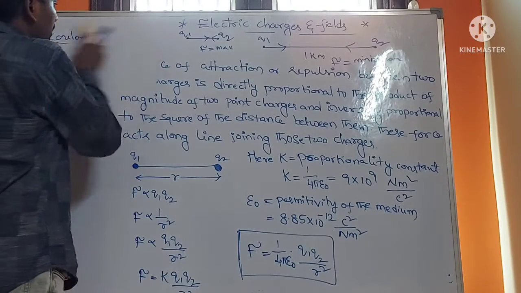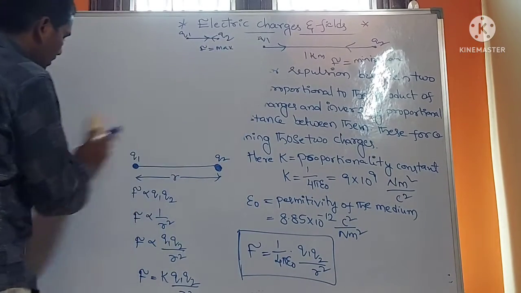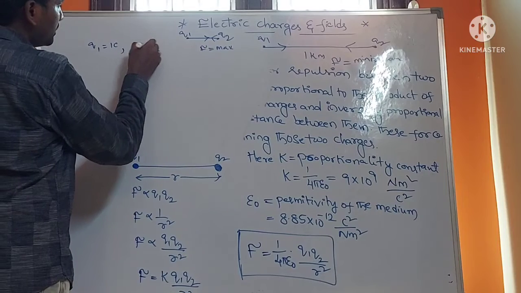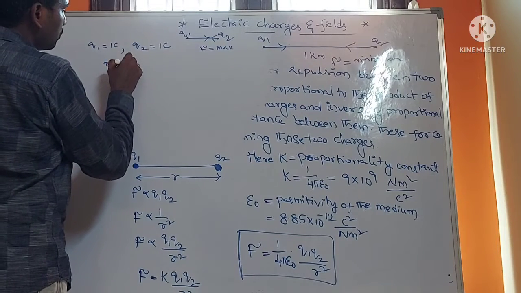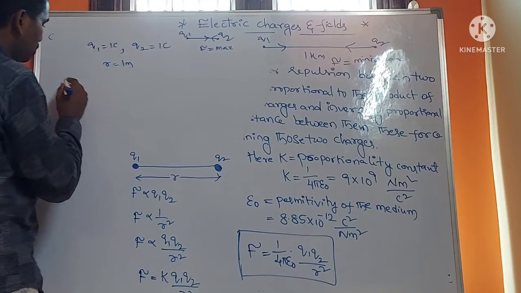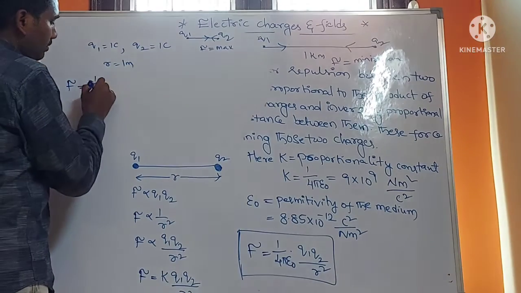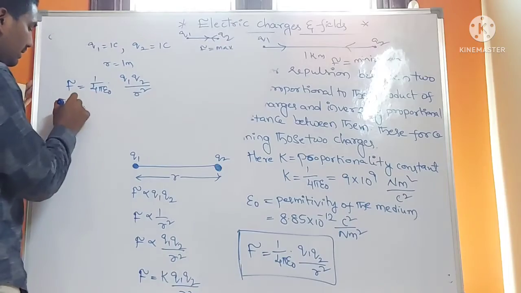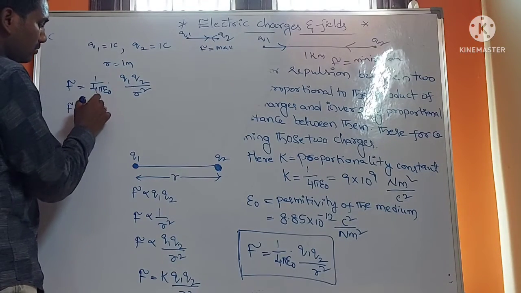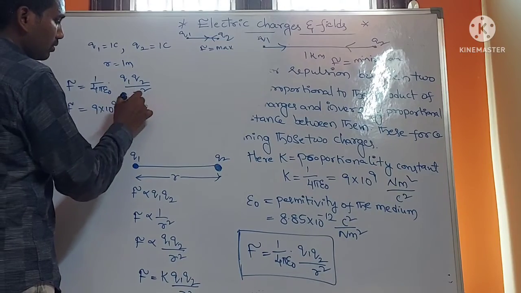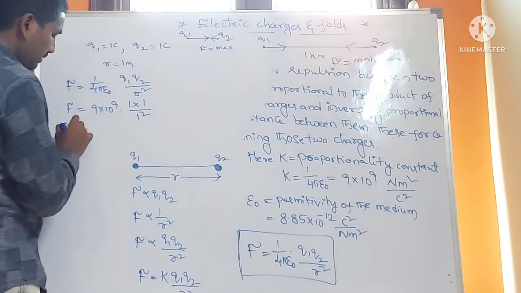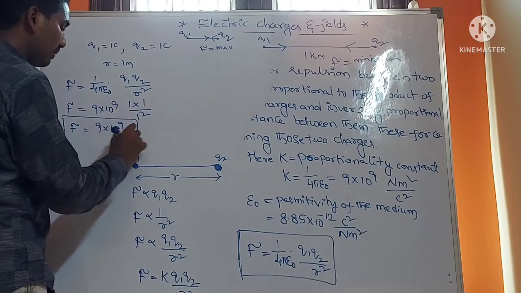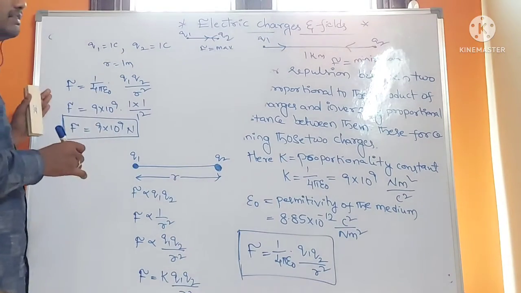For example, if Q1 is 1 coulomb, Q2 is 1 coulomb, and R is 1 meter, then the Coulomb's force F is equal to 1 by 4 pi epsilon naught Q1 Q2 by R square, which is 9 into 10 to the power of 9 into 1 into 1 by 1 square. That is, F is equal to 9 into 10 to the power of 9 newtons. This is the maximum force between two point charges.